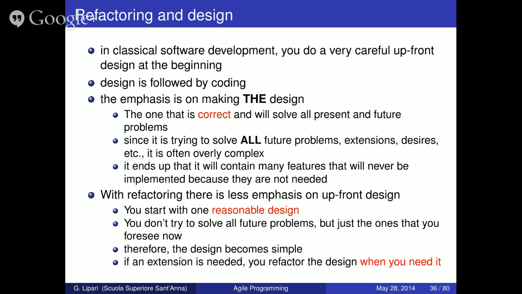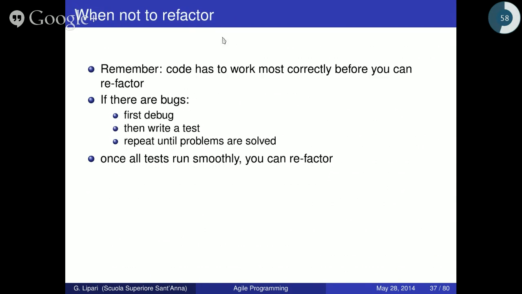And so you carry on by small cycle, and you adapt the design as soon as you need it, and only if you need it. Okay, so it looks like a very promising feature.